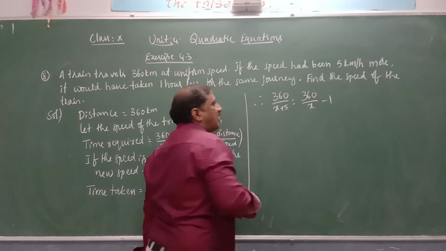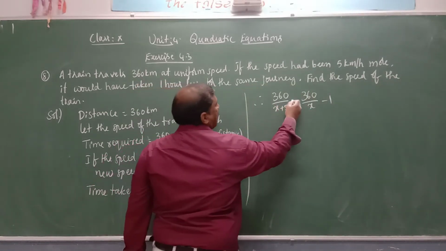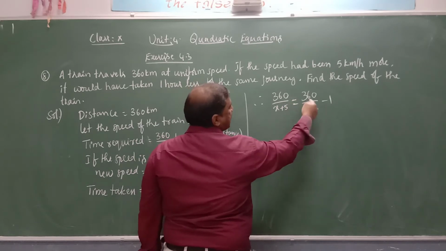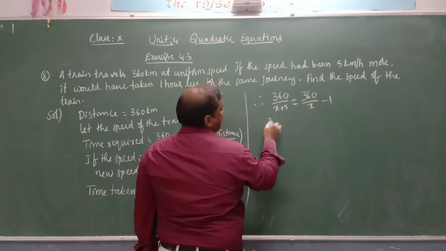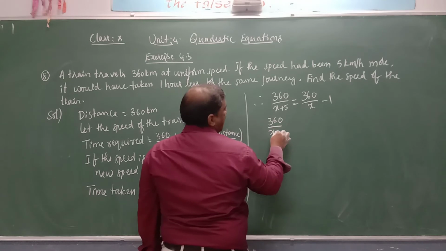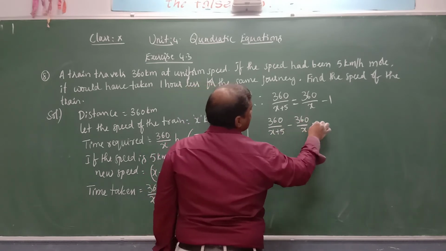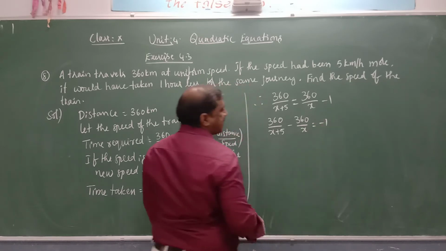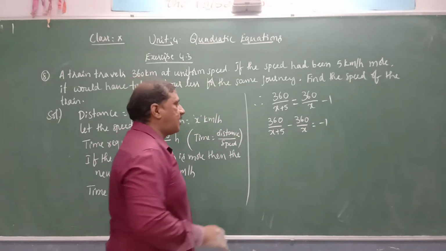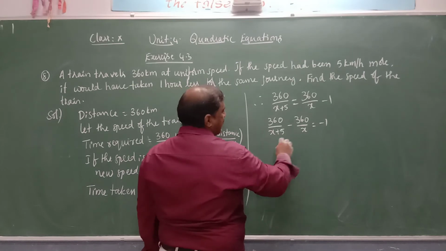So first we need to convert this into a quadratic equation. So transpose 360 by x to this side. 360 by x plus 5 minus 360 by x is equals to minus 1. Now take LCM.